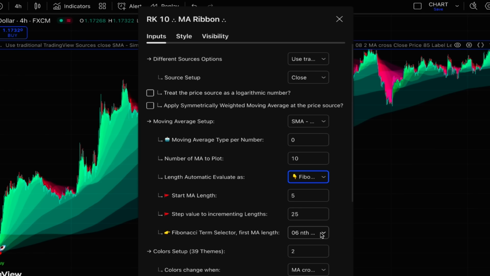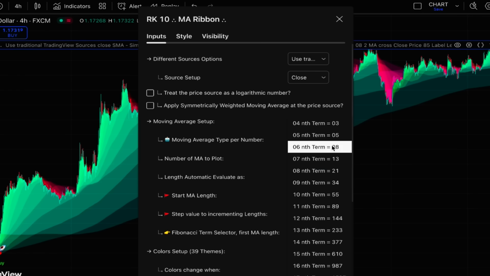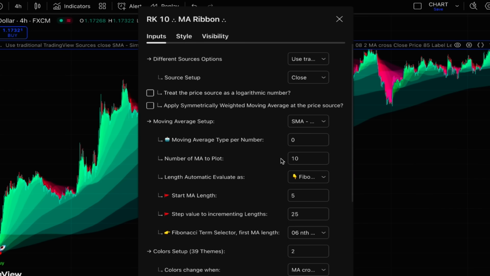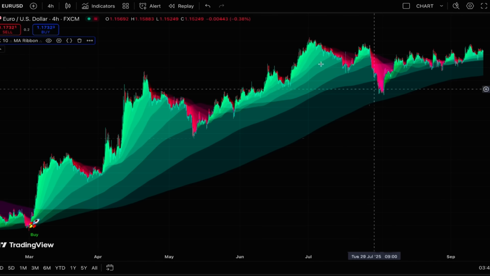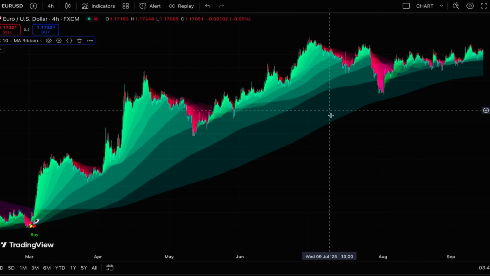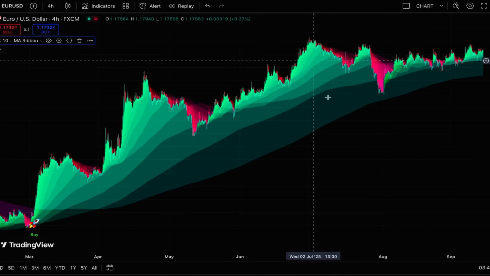The starting length is set at 8 by default, so starting from 8, we will have 10 different moving averages that are incrementing based on Fibonacci sequence. Here, let me scroll down and I remove inputs in the status line, so it will not cover the information on the price chart. So here we have 10 moving averages starting from 8 based on Fibonacci numbers.